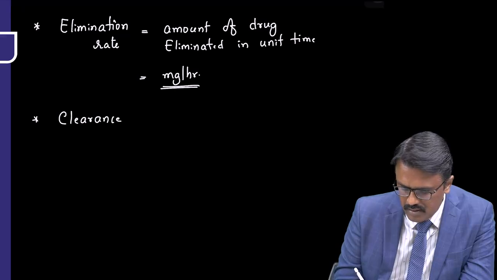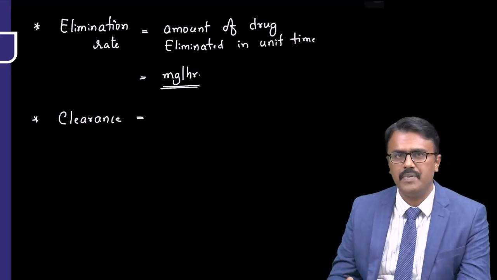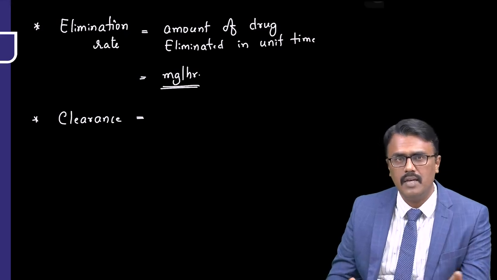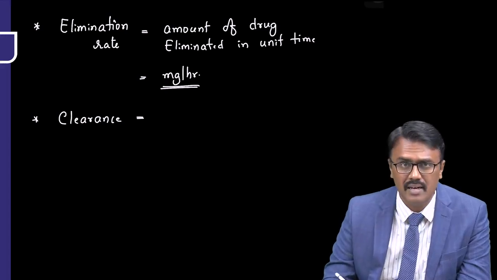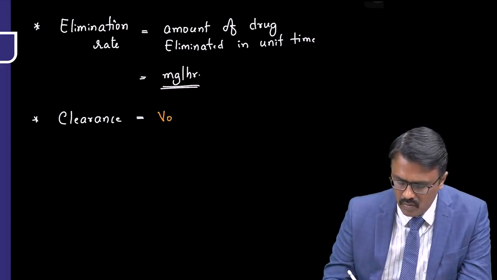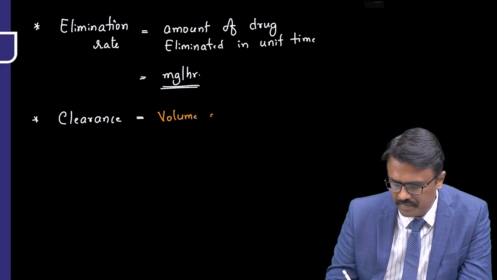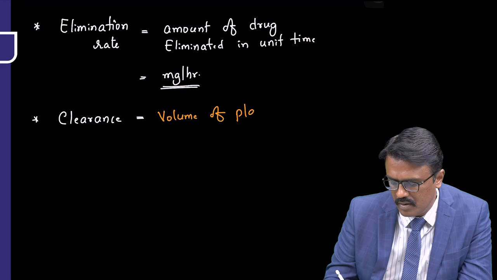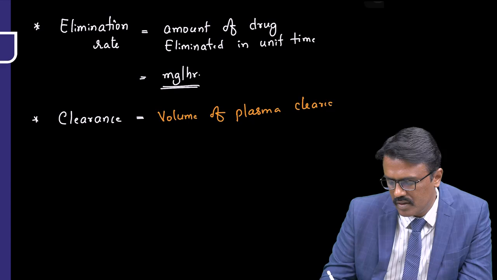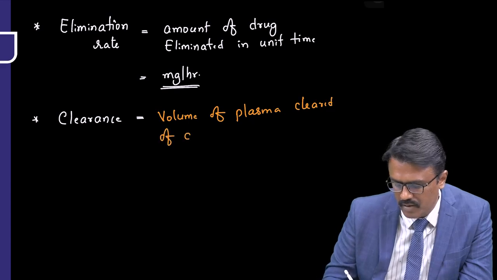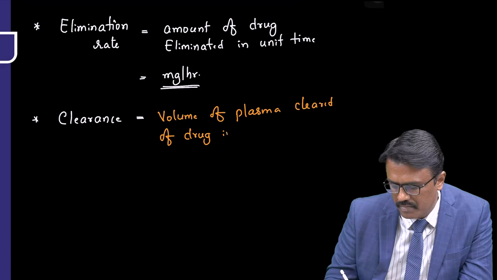One more concept you need to understand is clearance. I told you clearance is nothing but GFR. Now, how do you express GFR? It is ml per minute. So what do you mean by drug clearance? Drug clearance is nothing but the volume of plasma cleared of drug in unit time.